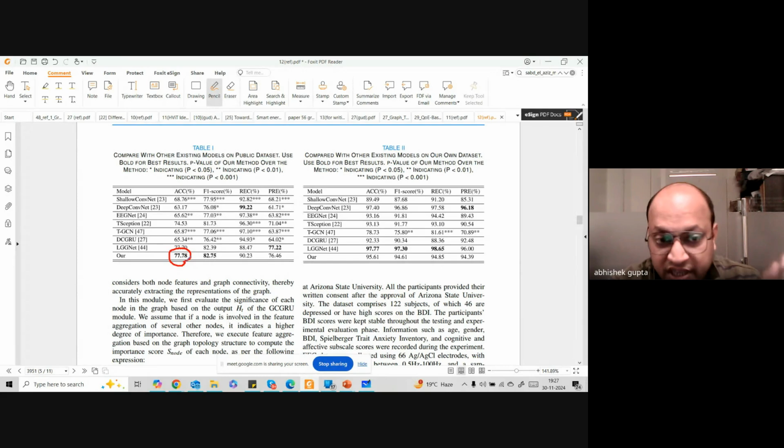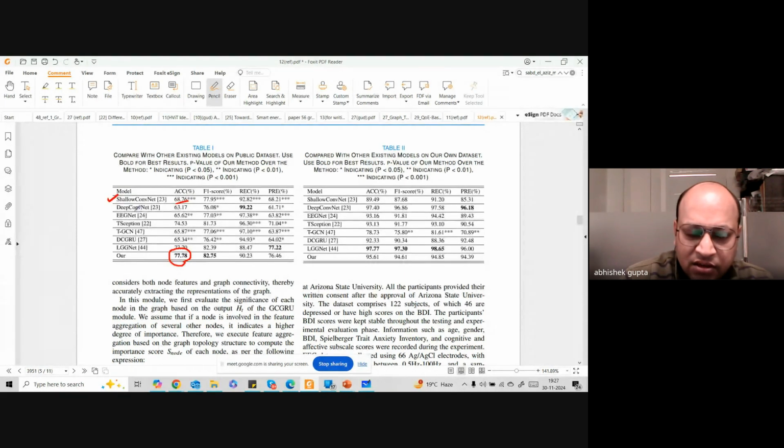This data is quite challenging. The previous works, like those based only on convolutional networks, have very low accuracy, 68.76. Another convolutional network also has very low accuracy. Graphical networks exist in this paper, this paper, and this paper. Apart from this, they have good accuracy, and the F1 score is also good in these. So you can see this is the comparison.